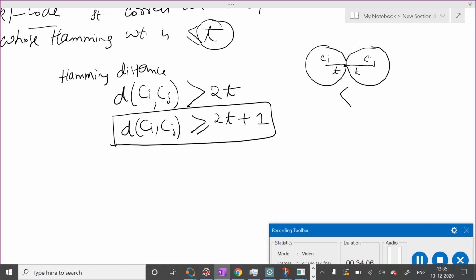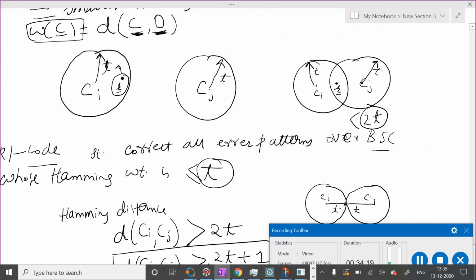Okay, and it will be able to correct all t errors. That is very important. See why? Suppose you look at this, here is a code word.